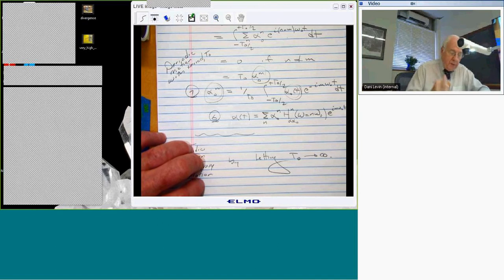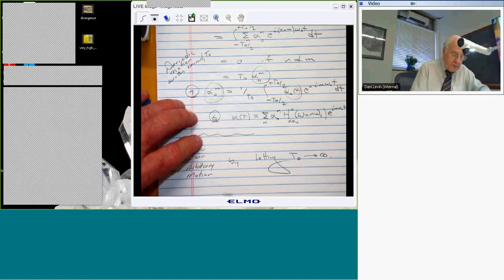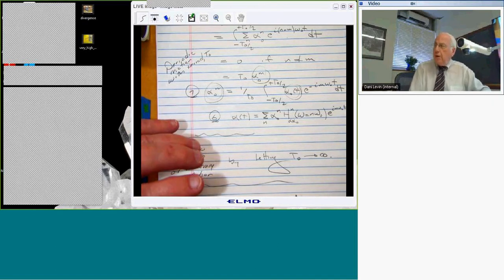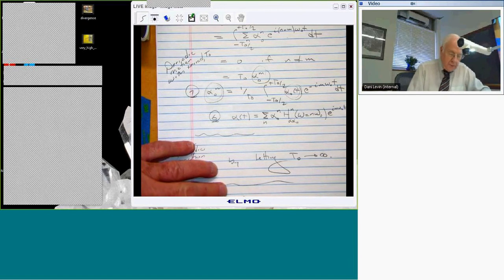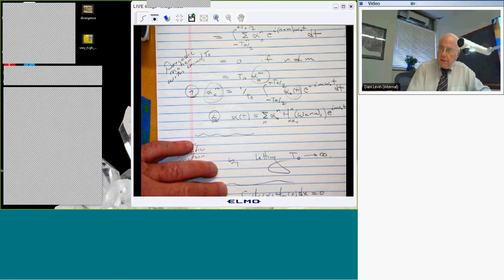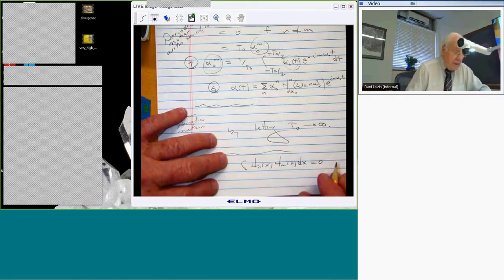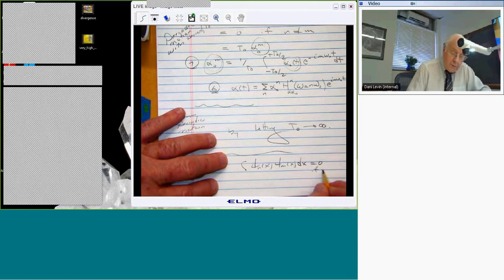Remember when we were looking at mode shapes back in the day, we were talking about orthogonality with respect to spatial variables, right? We had some variables like psi n of x times psi m of x dx, and we said there are some functions where that's 0 if m does not equal n, right?